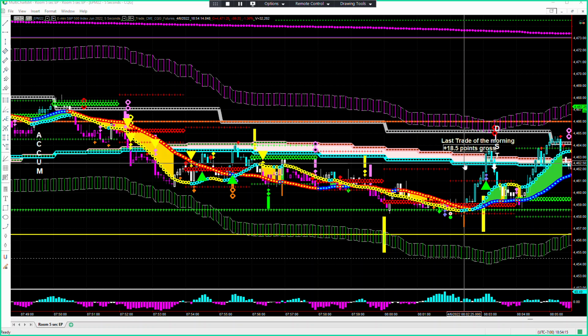My bracket for right now is I went back to a 5-point stop. So my bracket is a 6-tick profit, and then I adjust it as needed. And I just need some space. I finally realized a 3-point or 12-tick stop is just too tight for me.